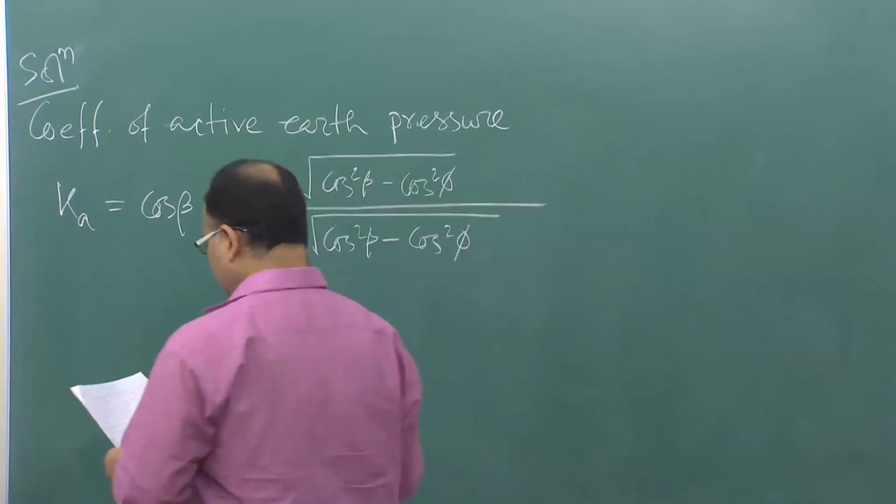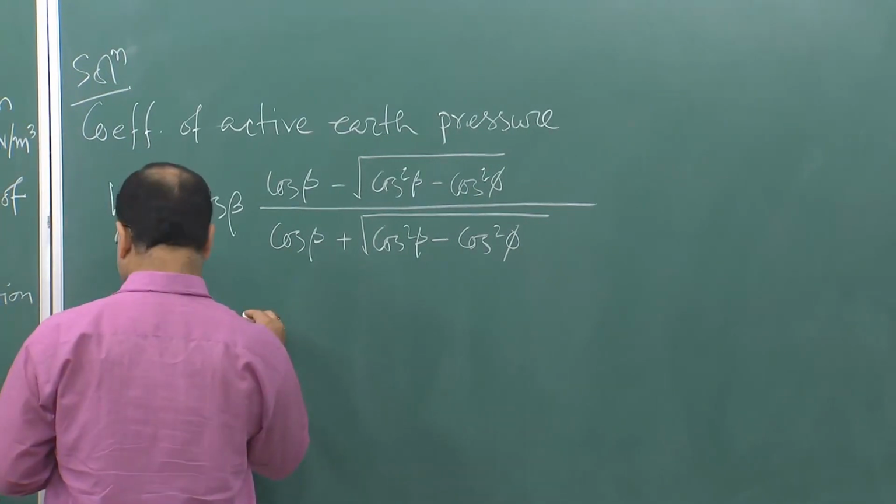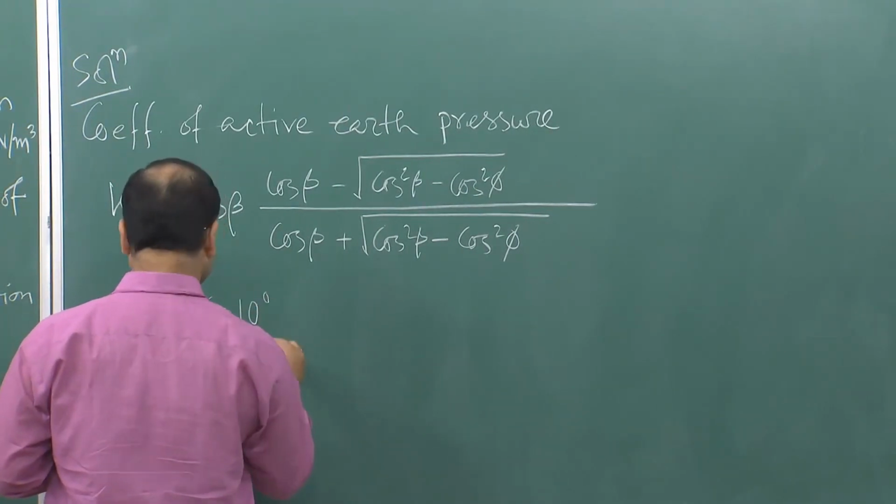In this formula, instead of cos beta I can put cos 10 degree.